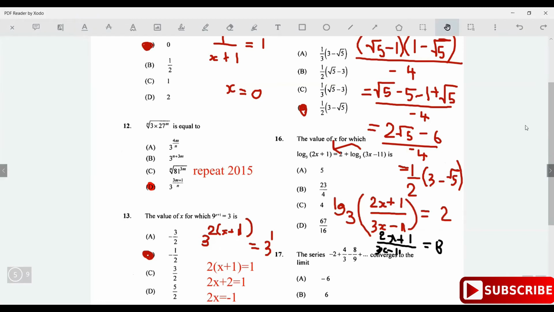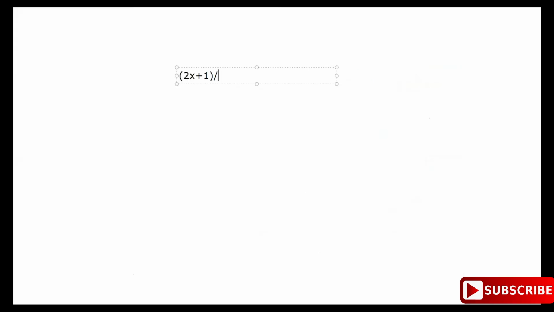All right, so 2x plus 1. Let's go to a clear page and a whiteboard. So we have 2x plus 1 divided by 3x minus 11. And we're getting that is equal to 8.